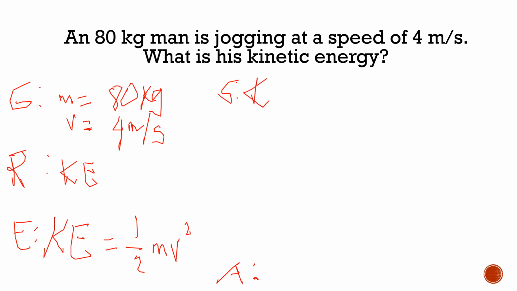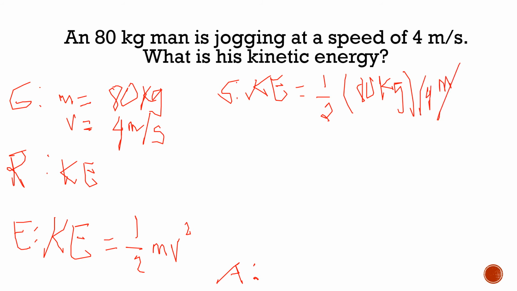So kinetic energy is equal to 1/2 multiplied by the mass, which is 80 kilogram, multiplied by the speed, which is the square of 4 meters per second.